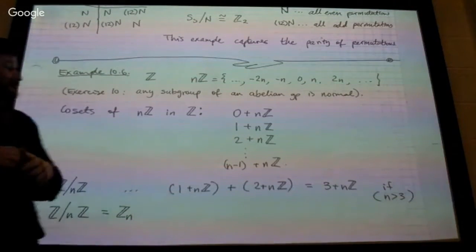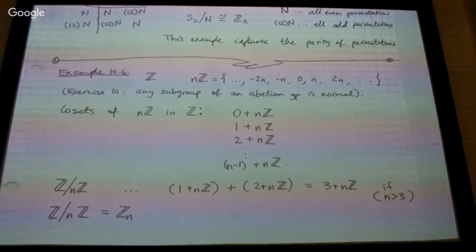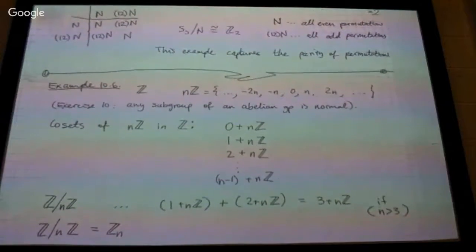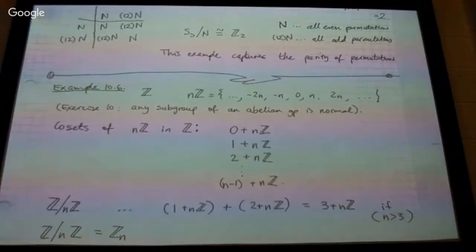That's kind of what factor groups do. It's the same with the permutations when you think about it. We do composition of permutations, but whenever we get odd ones, we consider them the same thing, and whenever we get even ones, we consider them the same thing. And that's the factor group.